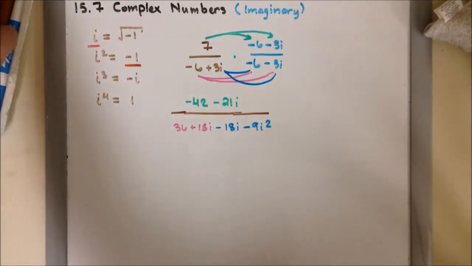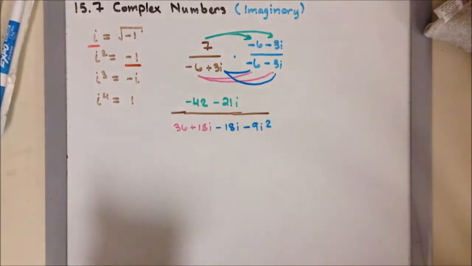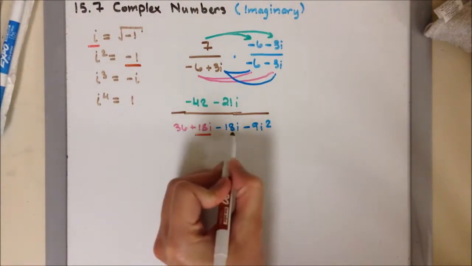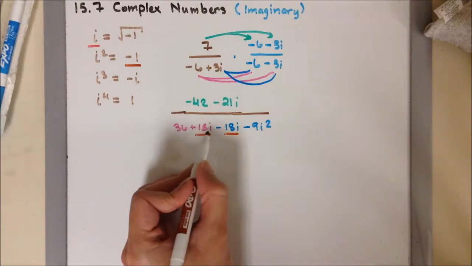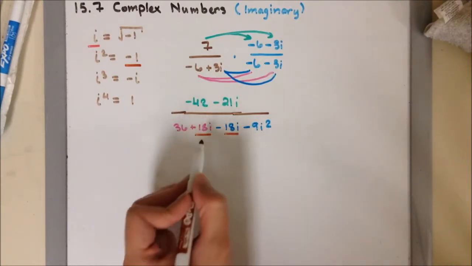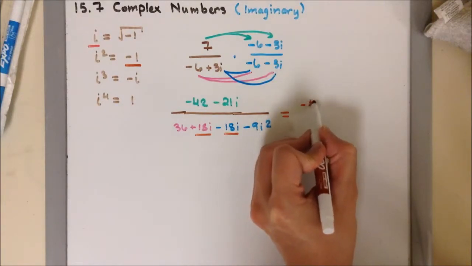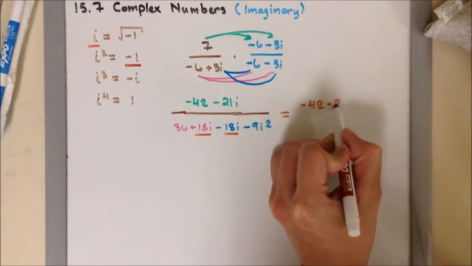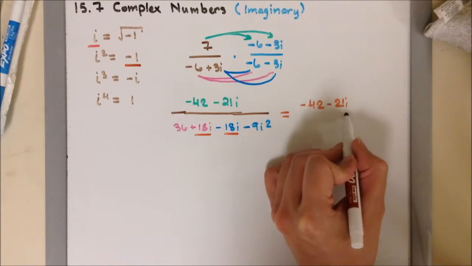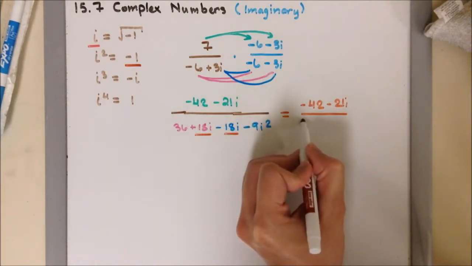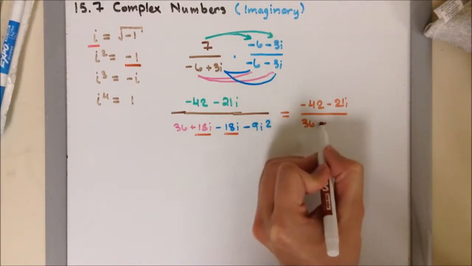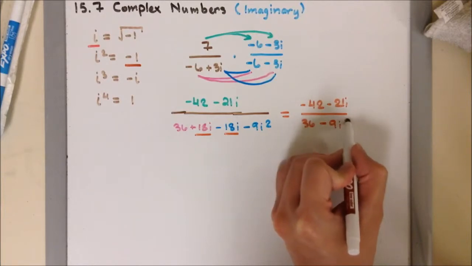Now, looking at our denominator, the only things that I can combine like terms are these two. And if you look closely, positive 18i minus 18i, these two terms will cancel out. So my numerator will stay the same, negative 42 minus 21i, over 36 minus 9i squared.